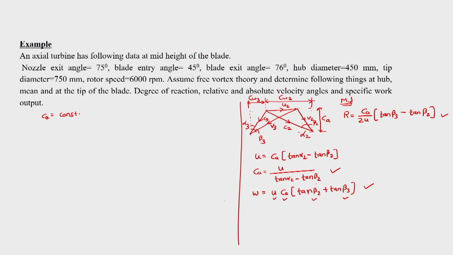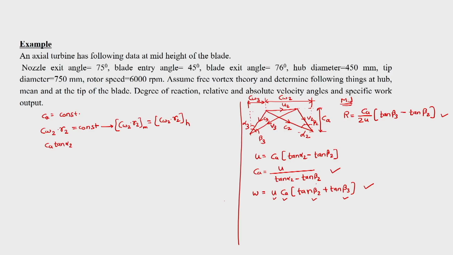This is known to us, we take it to have no axial thrust, and then we know that Cw2 into R2 is equal to constant. By all these means, Cw2 into R2 for the mid is equal to Cw2 into R2 at hub. Cw2 is equal to Ca into tan alpha 2.